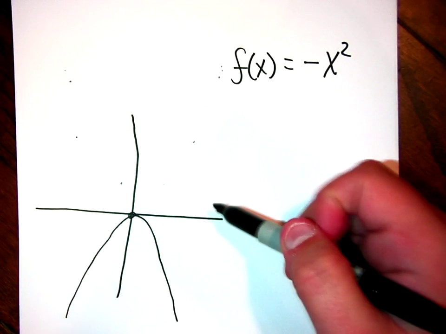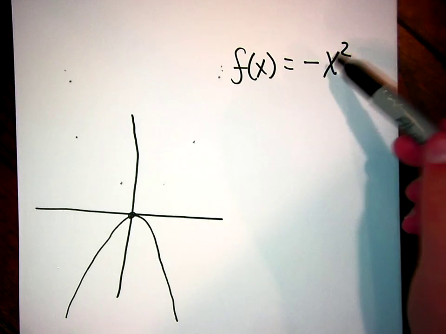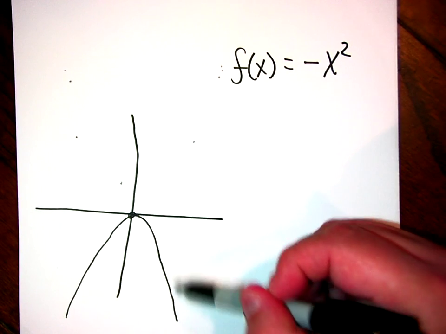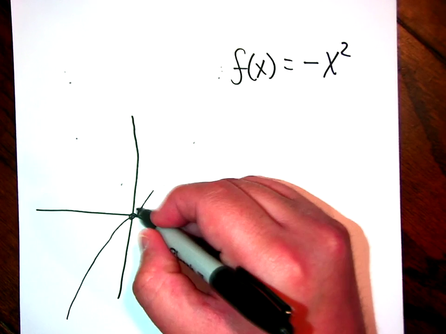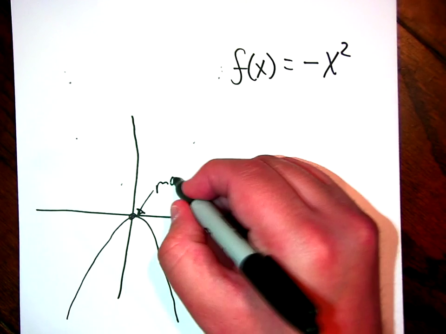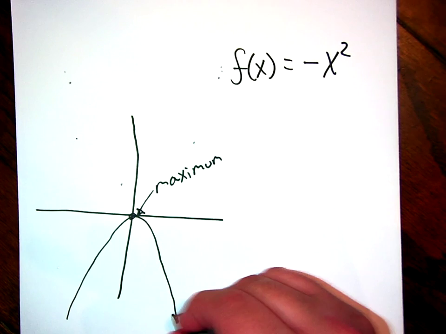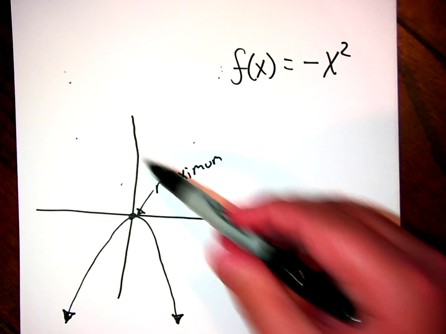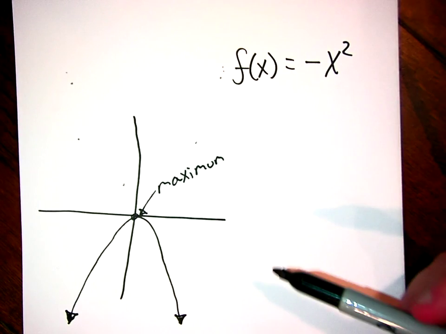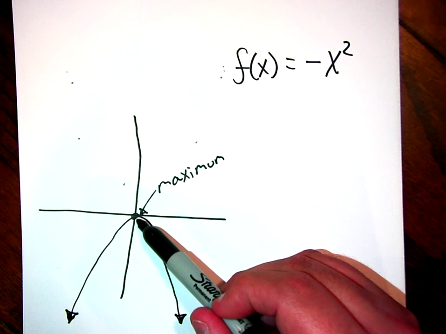So instead of curving up, negative x squared is going to curve downwards. And so this is where we're going to see a maximum, right there. And it's going to continue down forever. Please excuse how horribly crooked that x-axis is. But we can see all the same kinds of things there. So this is going to be my maximum, the highest point on that curve.